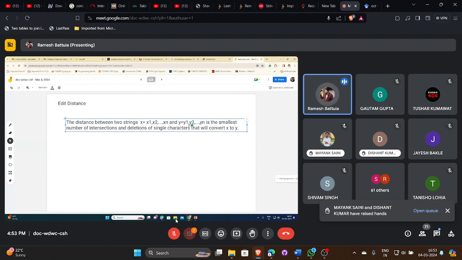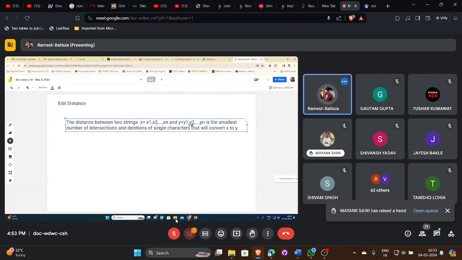This is the meaning. The distance between two strings x equal to x1, x2 and xn and y equal to y1, y2 and so on yn is the smallest number of insertions and deletions of single characters that will convert x to y.